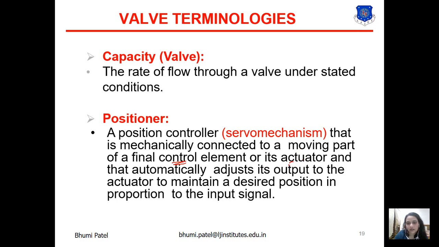The actuator is connected to the top of the control valve, and the positioner automatically adjusts its output to the actuator to maintain a desired position proportional to the input signal. So the function of the positioner is to always adjust the output depending upon the input signal.